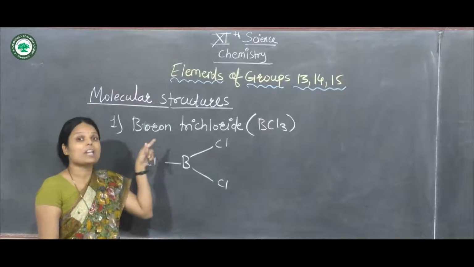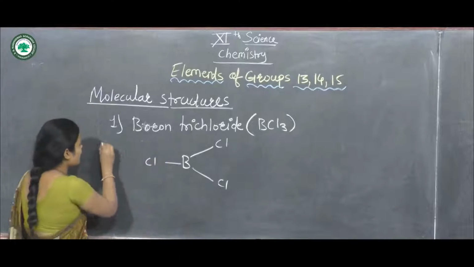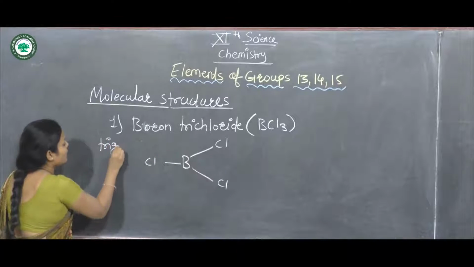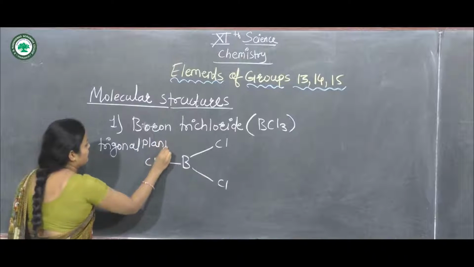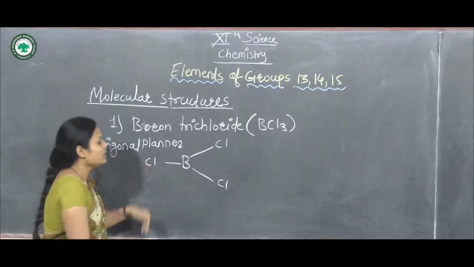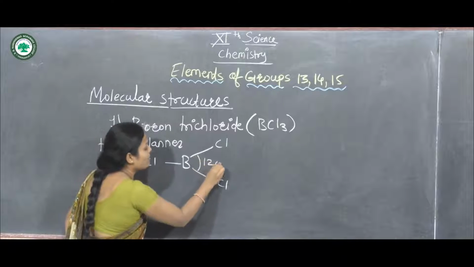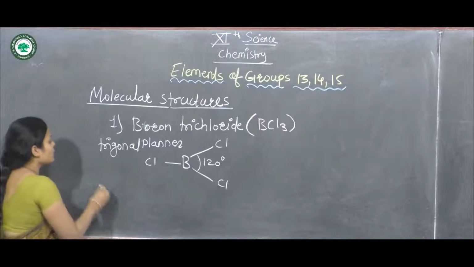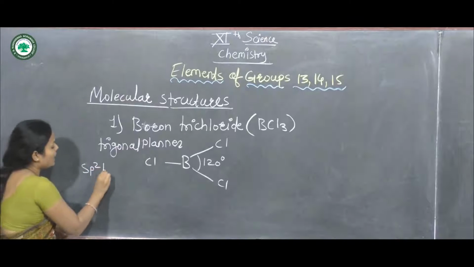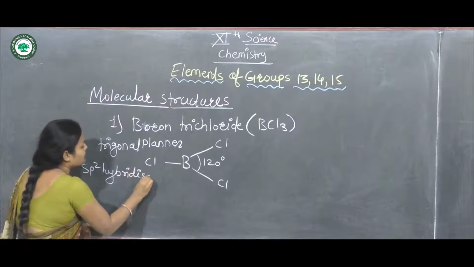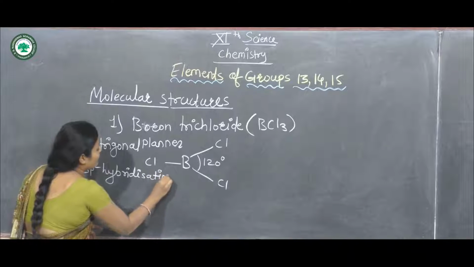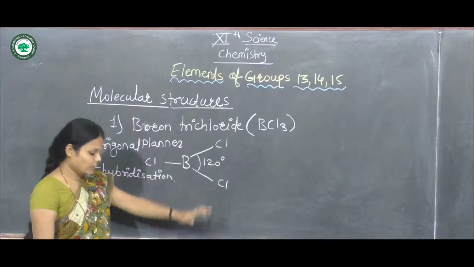This structure is trigonal planar. In this structure, the bond angle is 120 degrees, and sp2 hybridization takes place. This is boron trichloride.